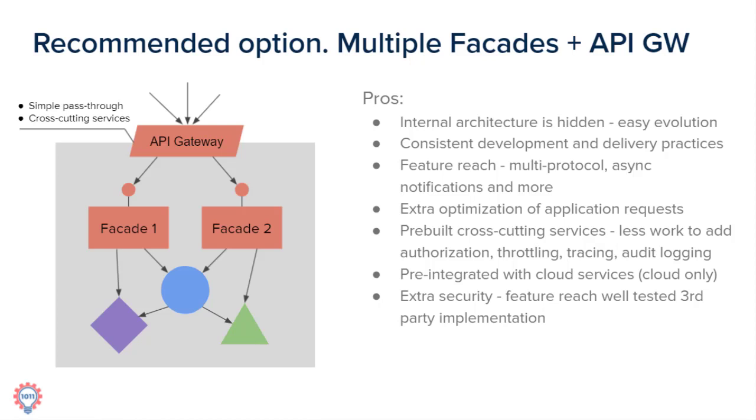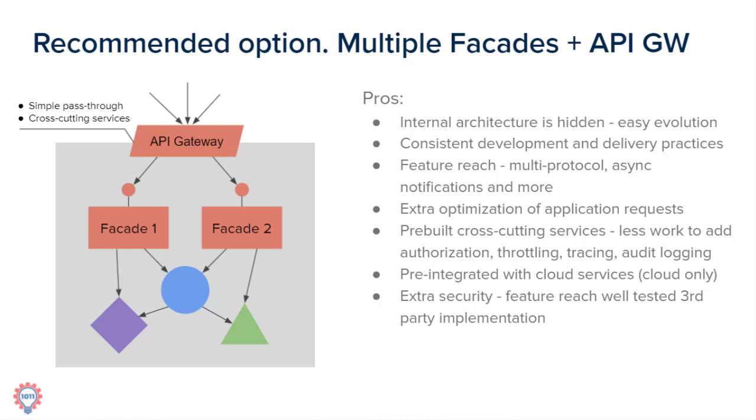And you don't need to worry that much about the API gateway because more likely it won't change over the course of your development. You can use different protocol transformations, send notifications, optimize your requests on those facades, and when it comes to cross-cutting concerns like security and logging, that can be done at the API gateway level without much effort.